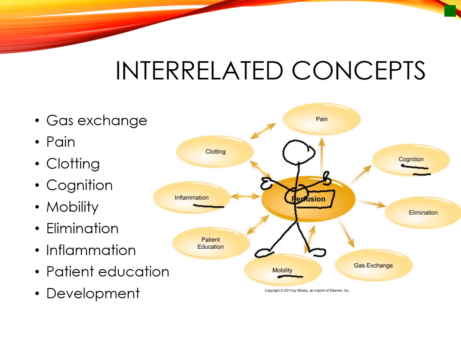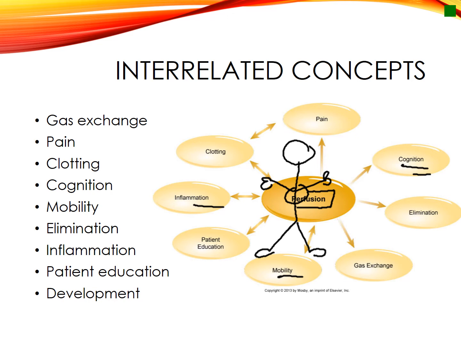So this is something to help you think. Interrelated concepts, right? We don't just take care of one piece of a person. The person is the whole body. So we need to make sure when we're taking care of a person that we're taking care of the whole person, okay? And how the concepts affect the person in each and every part of their life.